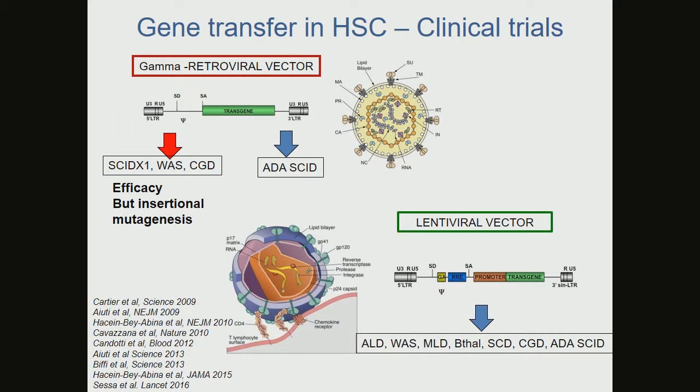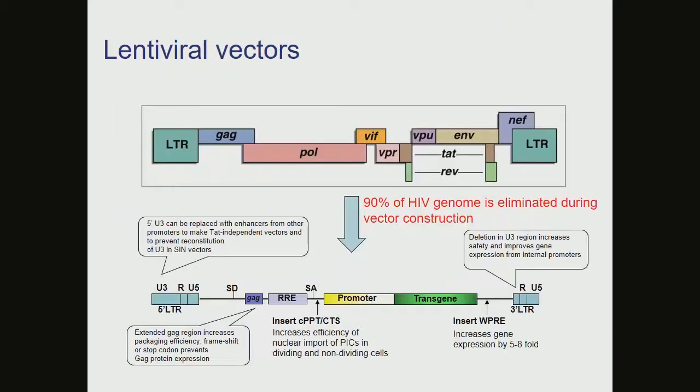In addition to ADA-SCID, lentiviral vectors have been used more recently in the past 10 years, and this is because they alleviate the risk of oncogenesis and are highly effective in transducing stem cells.